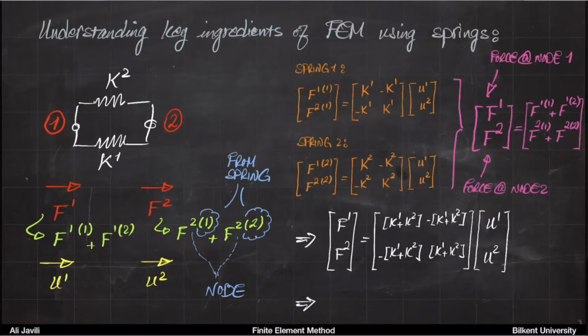So we have this, and from that, the first thing is that you will see our unified, our canonical representation F equals KU. This should always hold. This is very fundamental to finite elements.